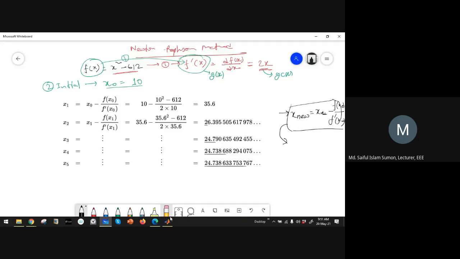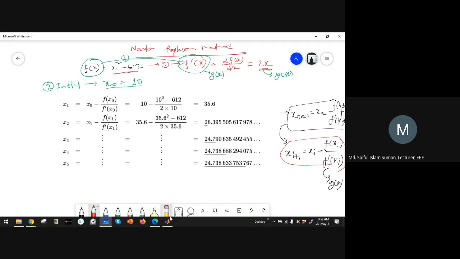If I write it as x_{i+1}, that is the new value of x, and x_i is the old value of x. So this is actually g(x). With the help of this condition, we are going to find the upcoming value of x.